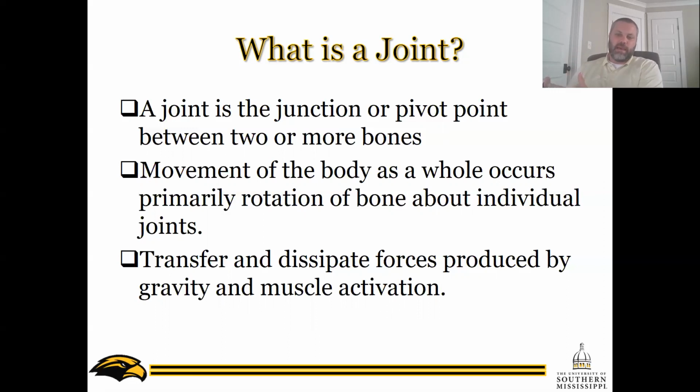But at the same time, when you do something like jump and you go to land, you don't want that force to be transferred all the way up the chain, where you feel it in your hips or your back or wherever the case may be. We want to have this dissipation of force. So that's an important aspect as well: in some instances we want to transfer force, in other instances we want to stop it from moving up the chain.